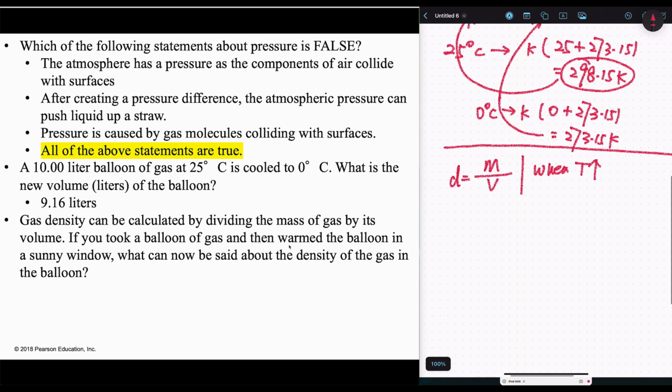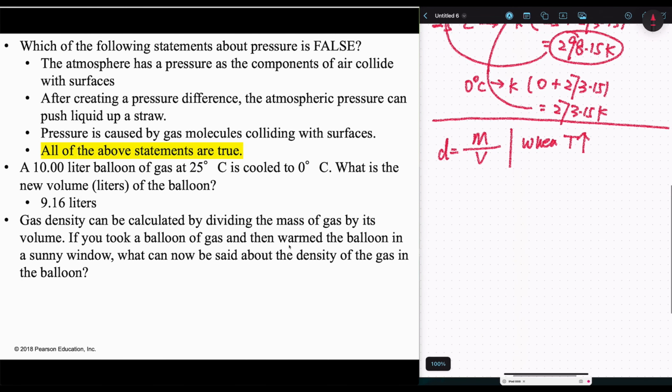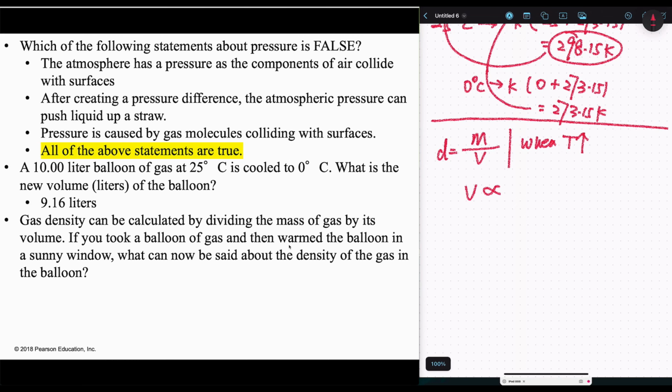So when the temperature increases, what will be the volume change for the gas? This is also about Charles's law, because for Charles's law, we know the volume of the gas is proportional to its temperature, which means when the temperature increases, the volume of the gas will also increase.